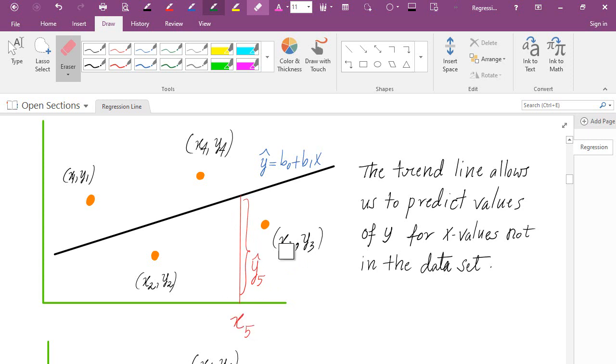So here we're saying that if the number of Big Macs is x5, then the corresponding cholesterol level is y5 hat found from the equation of the trend line. So then we can use y5 hat as a predicted value of y.